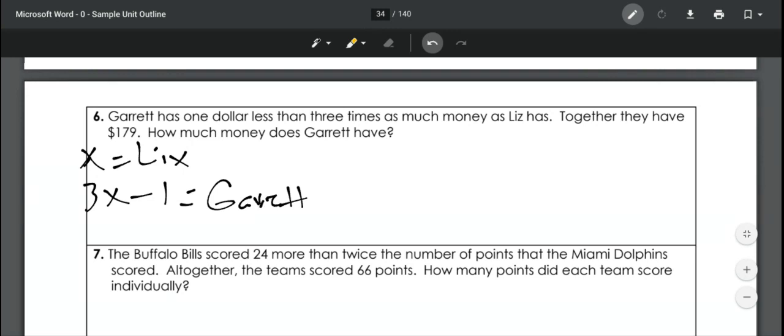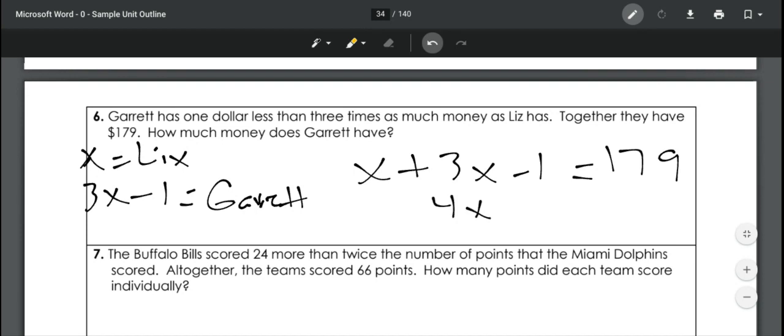Together they have 179. So we have Liz plus Garrett's amount. You go ahead and put your like terms together, and I'm going to add 1 right now. Divide by 4, and we get 45.